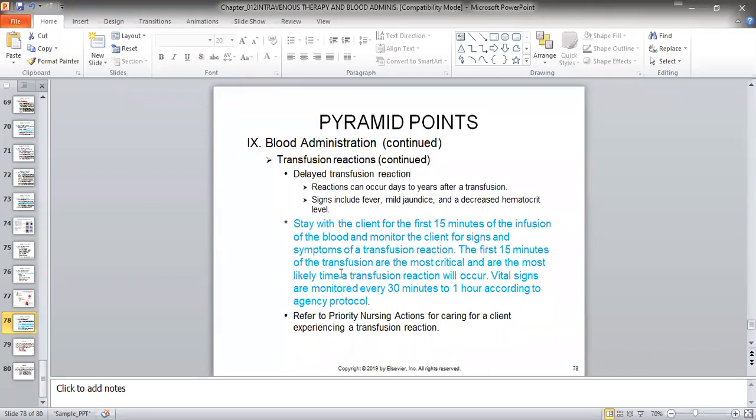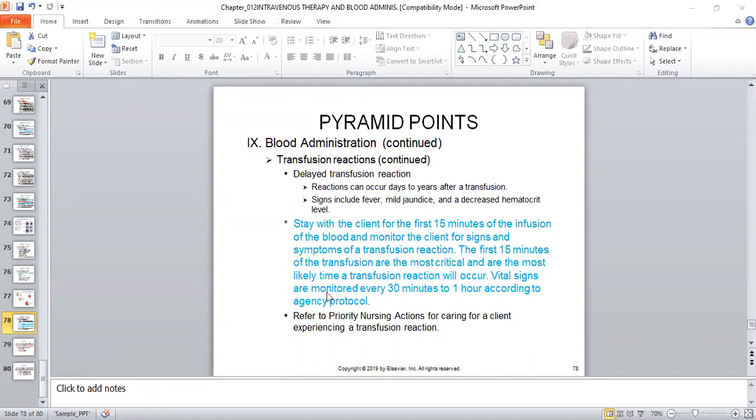The first 15 minutes of transfusion are most critical, and also the most likely time for a transfusion reaction to occur. Vital signs are monitored every 30 minutes to 1 hour according to agency policies, right?